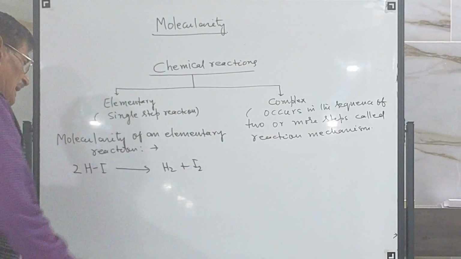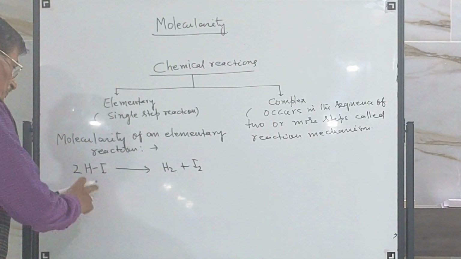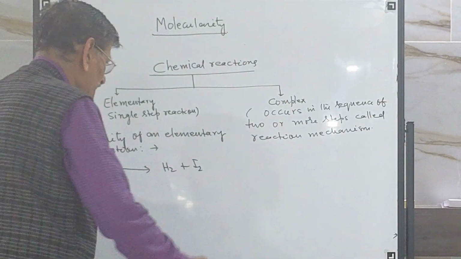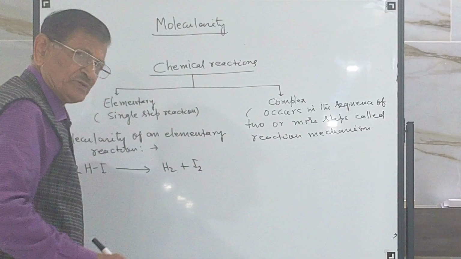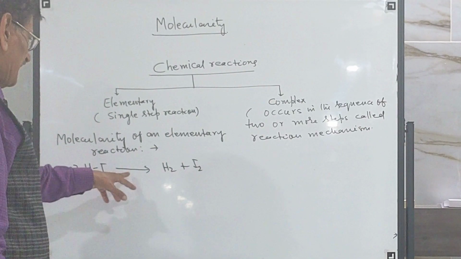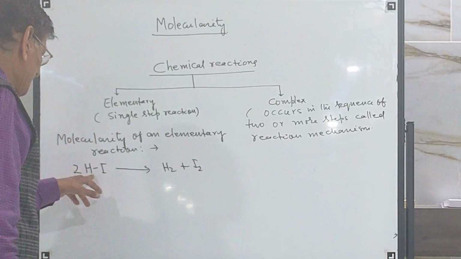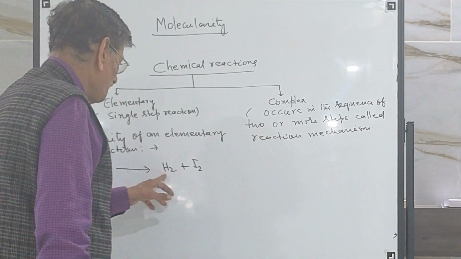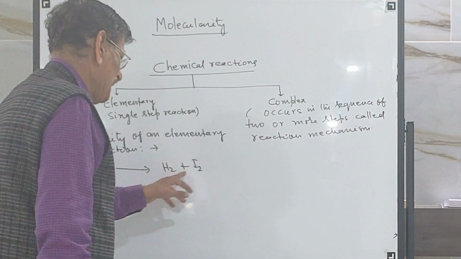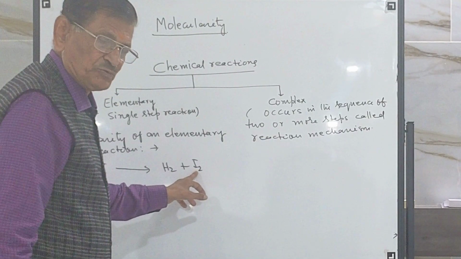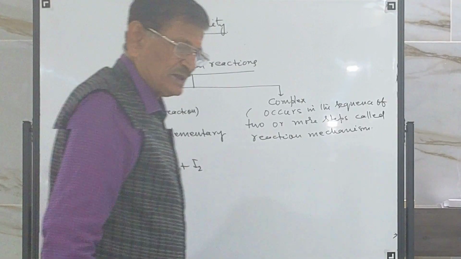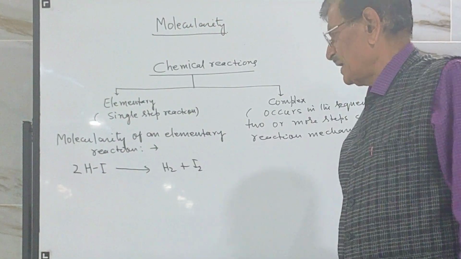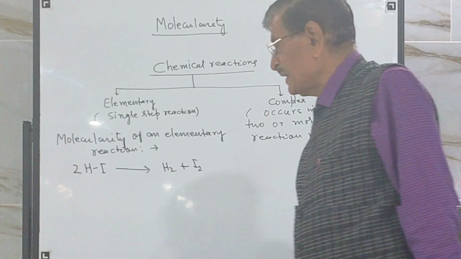Now, you know that a chemical reaction involves breaking of bonds in the reactant molecules and making of bonds in the product molecules. If this reaction is to occur, the bond between H and I has to be broken, and then a bond between two H atoms will form, and a bond between two iodine atoms will form. So a chemical reaction is nothing but redistribution of bonds, the breaking of bonds and making of bonds.